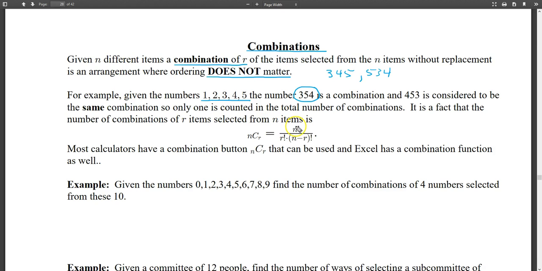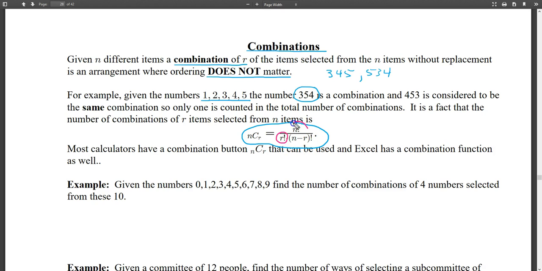So the number of combinations that are available given n items is given by this formula. nCr equals n factorial divided by r factorial times n minus r factorial. It looks a lot like the permutation formula, except you have this r factorial included in the denominator.